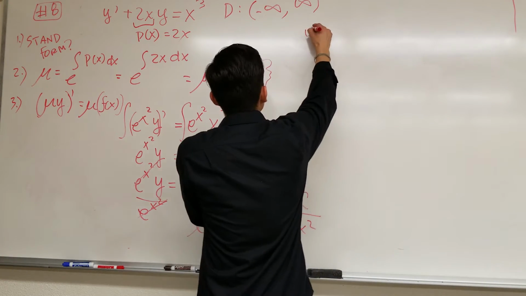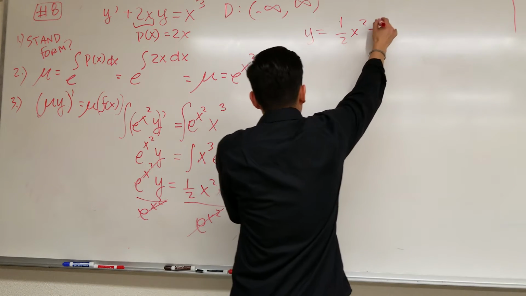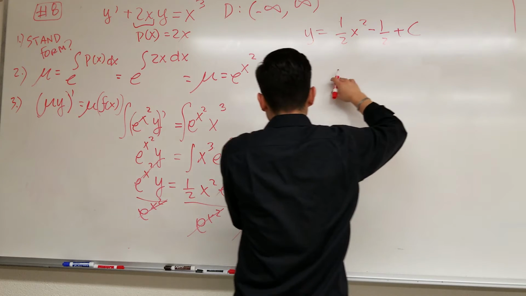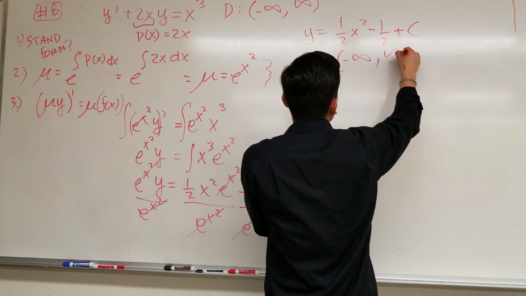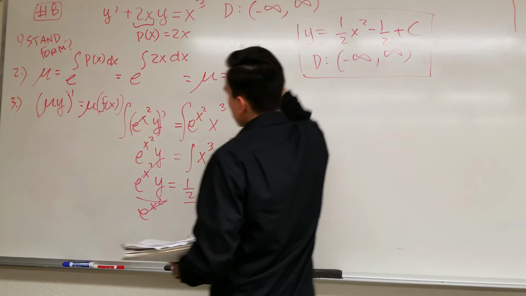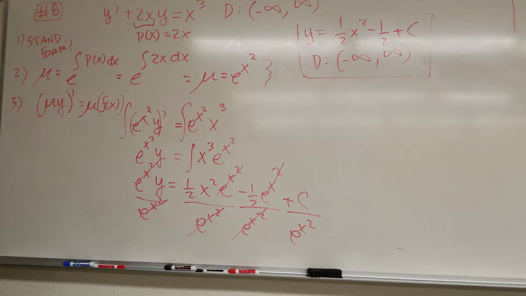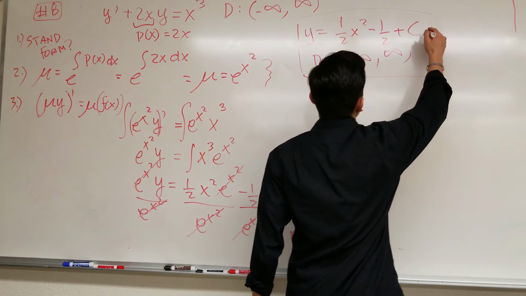And now I'm left with y is equal to 1/2 x squared minus 1/2 plus c. And the domain is still negative infinity to infinity. So that is our answer. Not quite our answer.